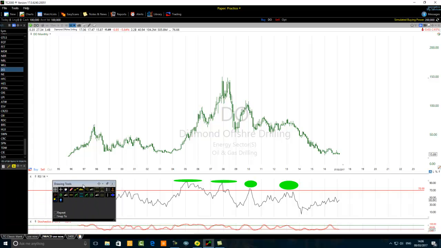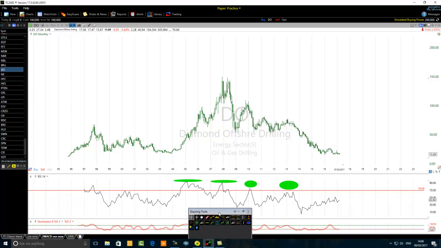So the RSI indicator, I'm using here the RSI period 14, is a momentum oscillator that compares the magnitude of recent gains to the magnitude of recent losses. That's the theory.